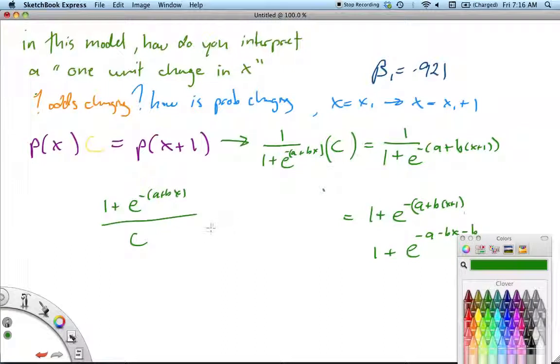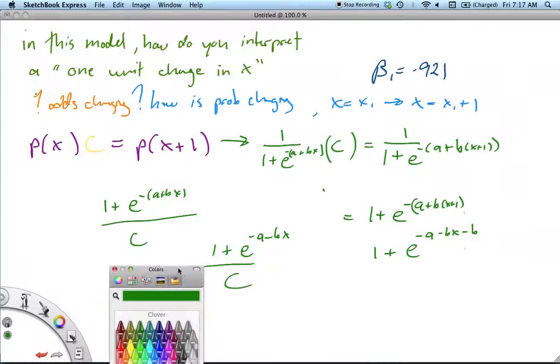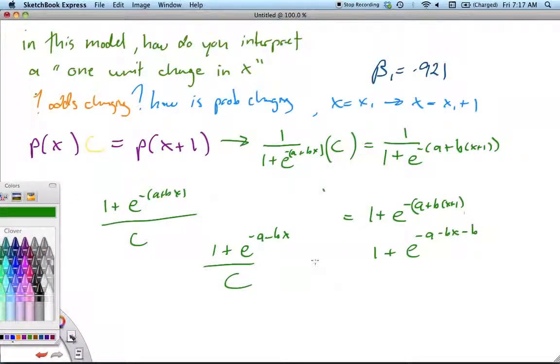So what do I say here? We can say this is 1 plus e to the negative a minus bx over c. Okay, you know what? I'm feeling pretty good about this. This is getting there.